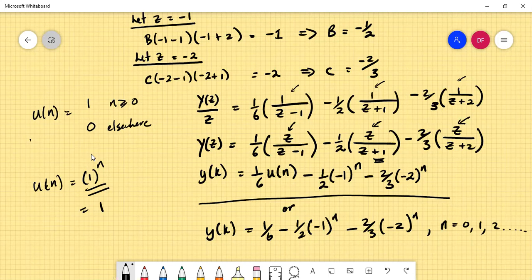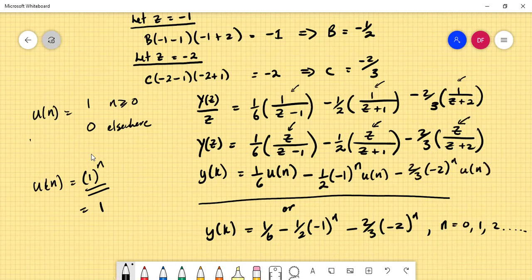Oh, and by the way, sorry, let me fix this up a little bit more, because each of them should have a u(n) beside them if I'm writing it like this. So sorry about that. That's 2/3 minus 2 to the n u(n). It says that the sequence starts at 0.